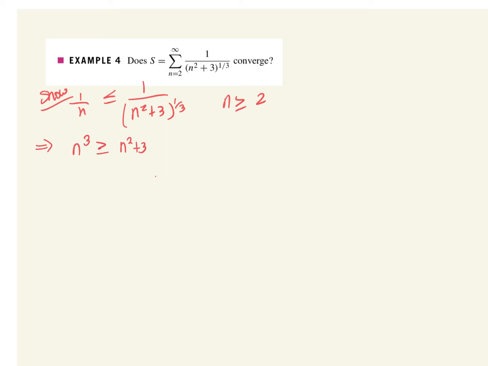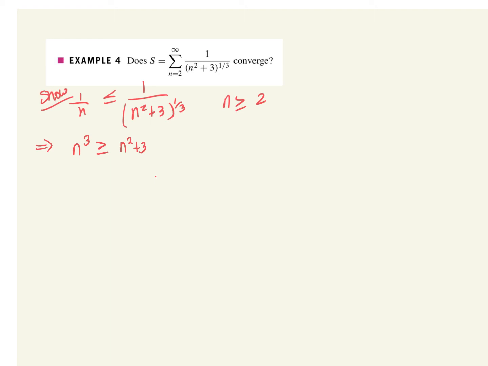If we're comfortable with the first one, then the second one is also true. Then, this is all to show that this inequality is true.